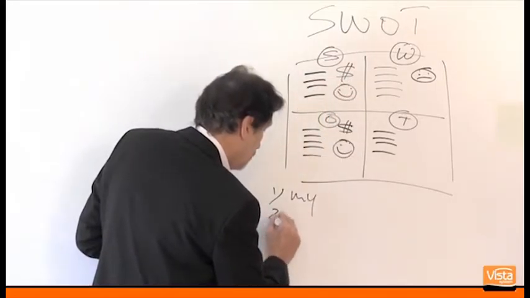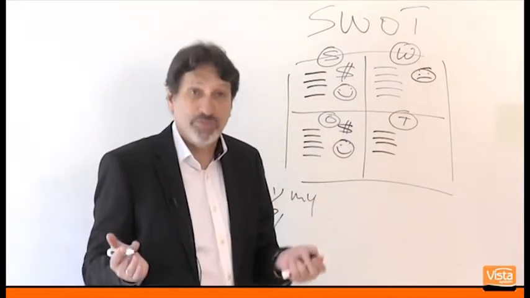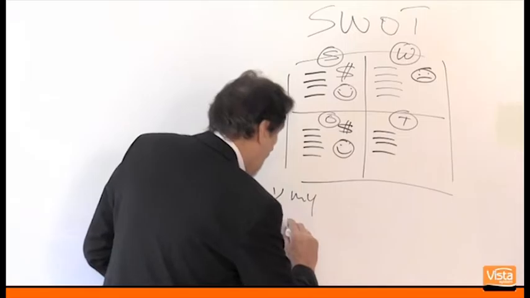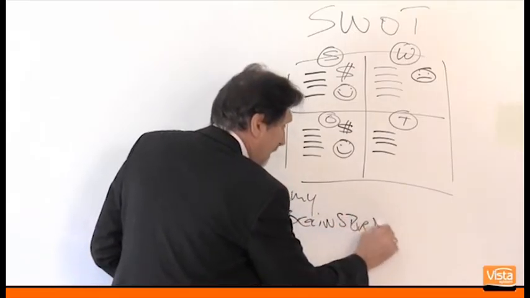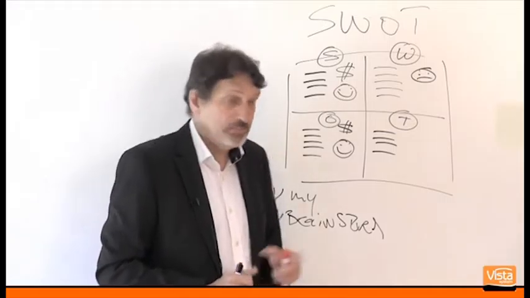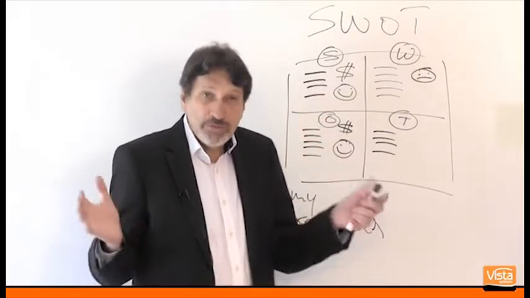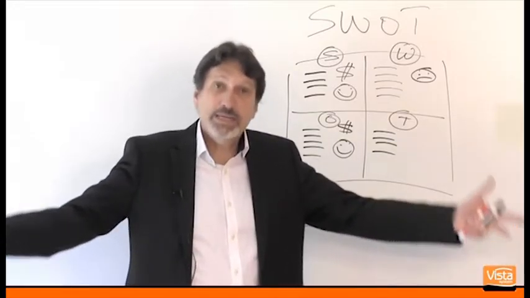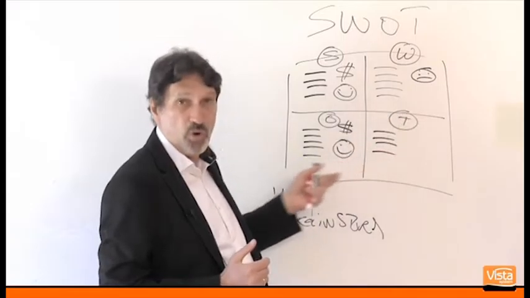In step number 2, I ask other people what their observations are. Basically, I do what we call a brainstorm. This can be done both internally and externally. So if I have a small company, I get my team together and I ask everybody, how do you see these 4 areas?